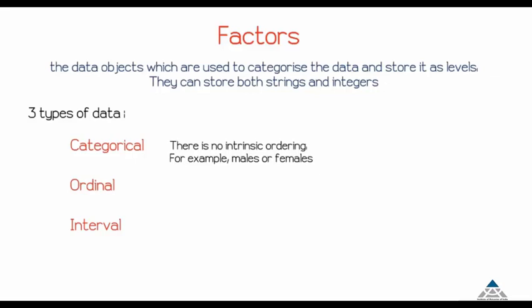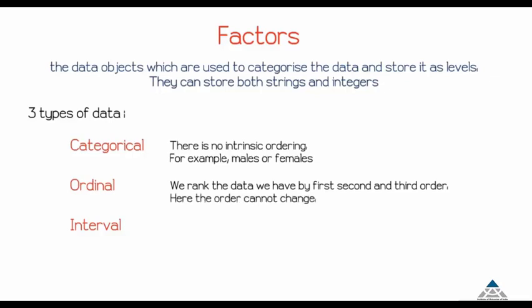Then we have ordinal data, where we rank the data we have by first, second, and third order, for example. Here the order cannot change. Another example is slow, fast, and faster. The order remains constant and cannot be used interchangeably. Interval data is one which is allocated by fixed intervals.